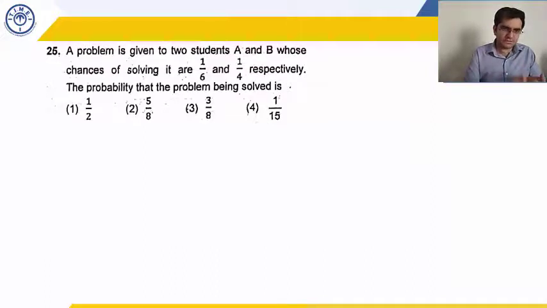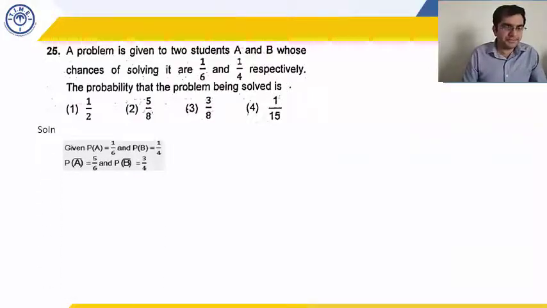So the probability that the problem is being solved is going to be any of these three cases. What did we remove? Neither A solved it nor B solved it. So you can find it as total 1 minus neither A solves it nor B solves it.